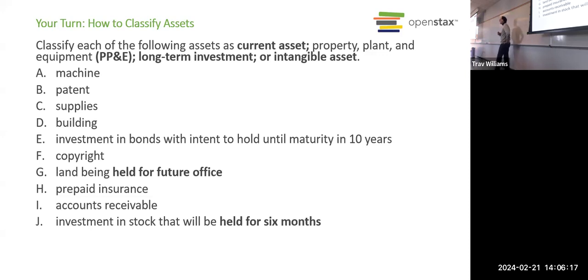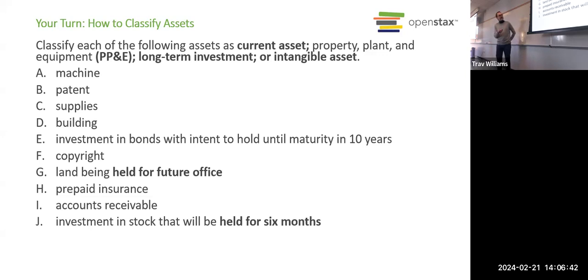Yep, it's property, so it would fall under PPE. How about an investment in bonds with an intent to hold until maturity in 10 years? 10-year bonds. Those would be long-term investments. If you had bonds that you were planning to sell next week, they would be current assets. Even though they're investments, because they're short-term in nature, they would be considered current.